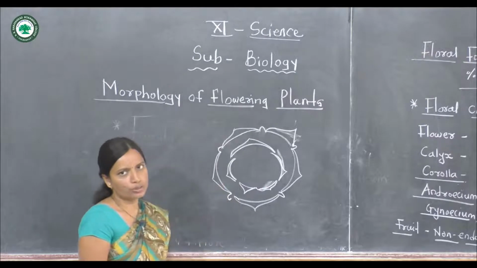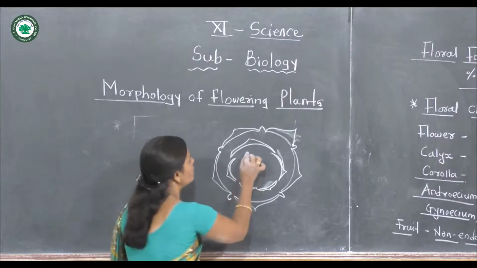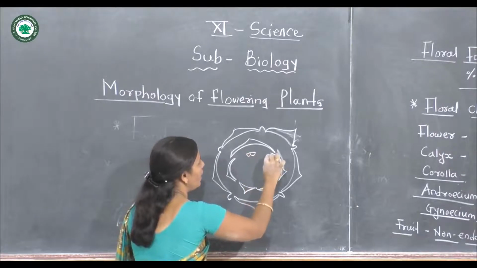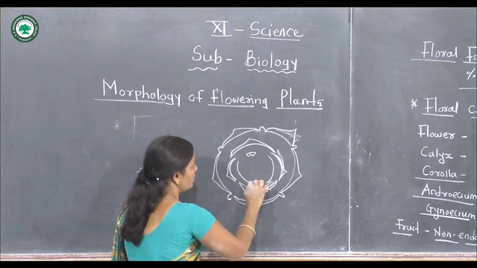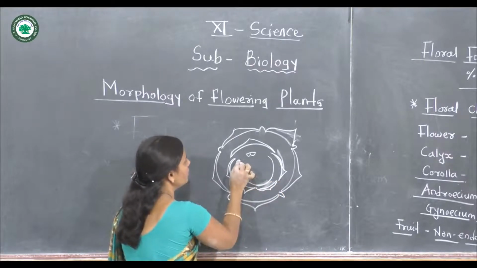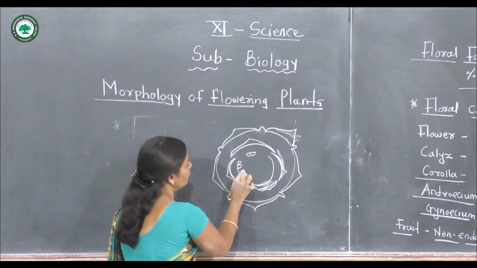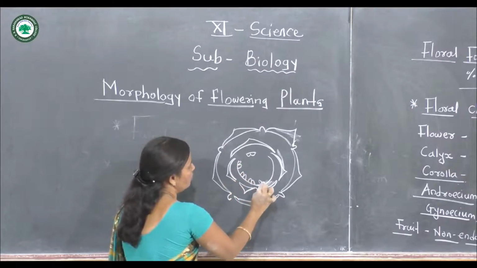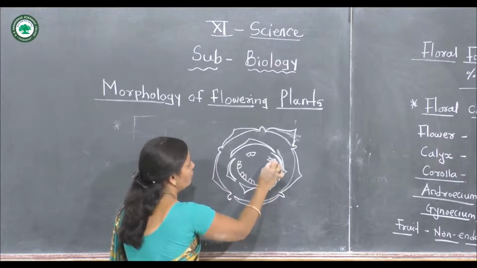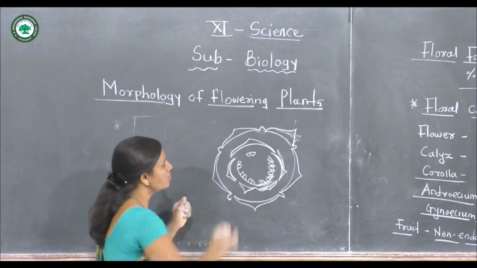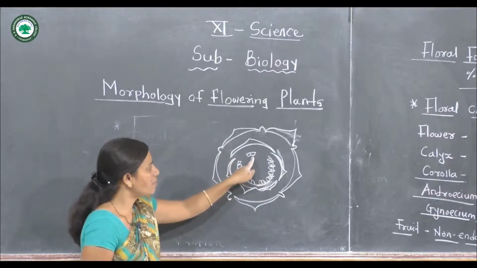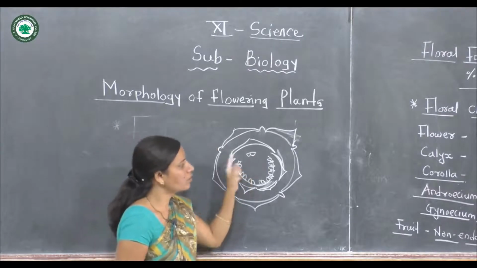Now the androecium is 10 in number. One is free, and the other 9 are fused, a diadelphous condition. In this arrangement of the stamens, these 9 are fused and one stamen is free, a 9 plus 1 arrangement.